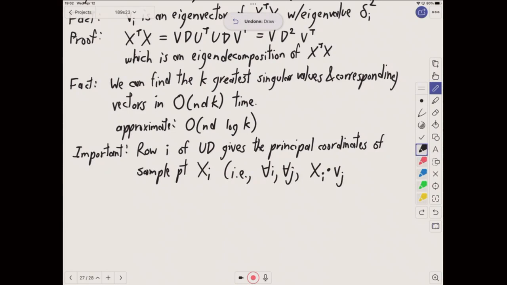That is equal to delta j times the entry with row i and column j of the matrix U. So what I'm telling you is that once you've run PCA, you don't have to do an additional step to project all the points down to the lower dimension. It's already been done for you. It's coded right there in the other two matrices. You don't need to explicitly compute these dot products. Any questions about that?